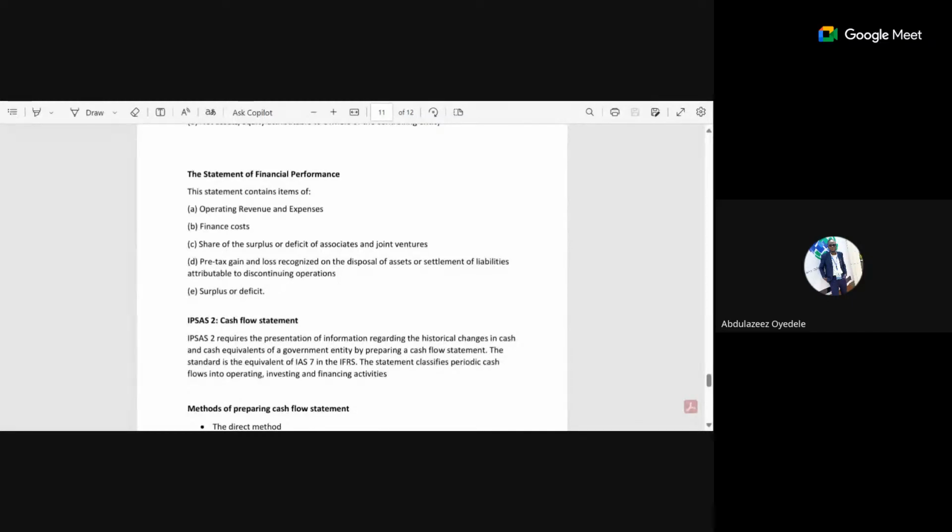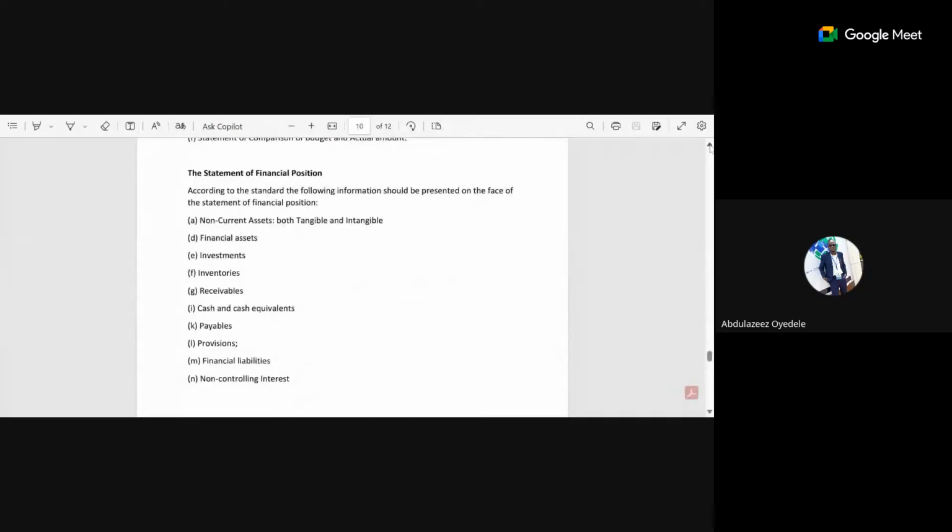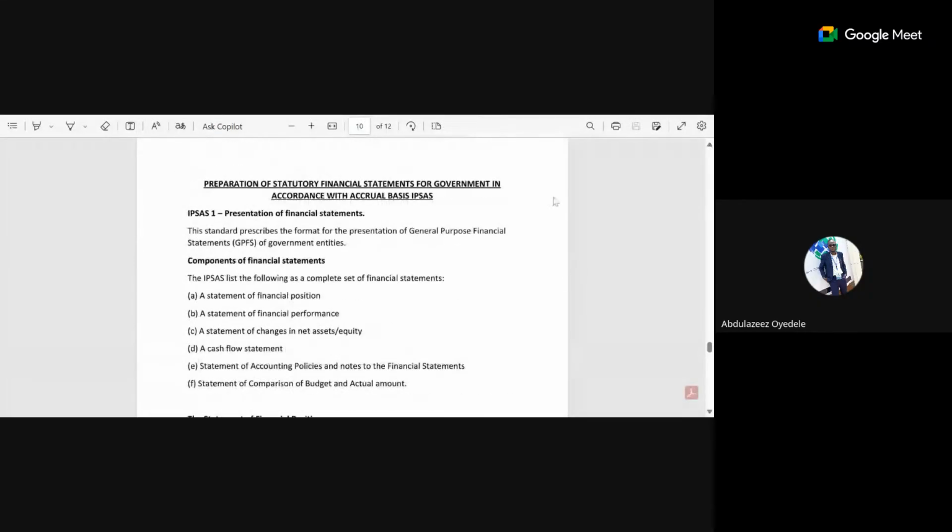So now under the accrual basis, we'll look at what the components of the financial statements of government under accrual basis are.